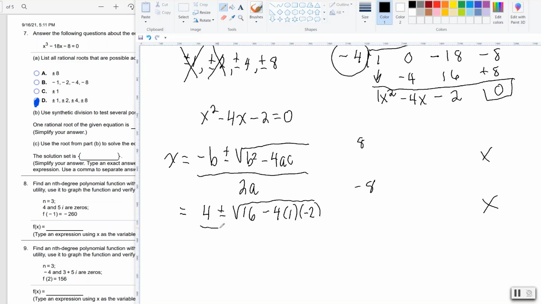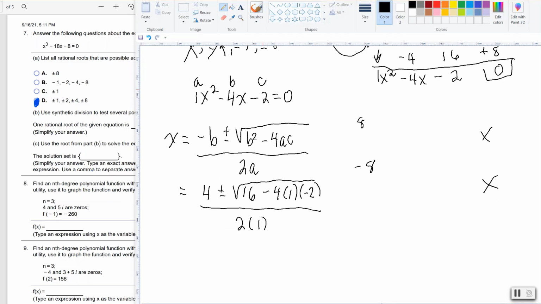And all of that is over 2 times 1. Remember that a is the coefficient in front of the x squared, b is in front of x, negative 4, and c is the constant, negative 2. So all that's left to do here is to simplify this as much as I can.